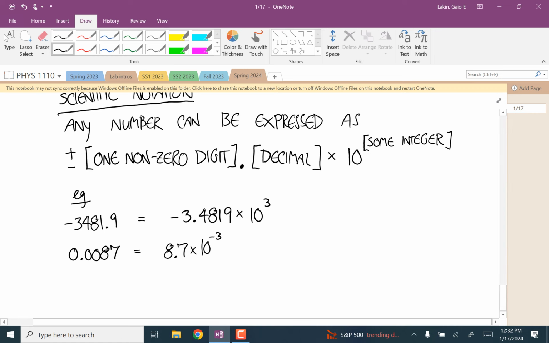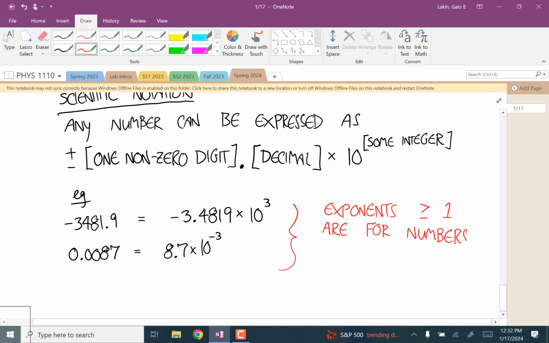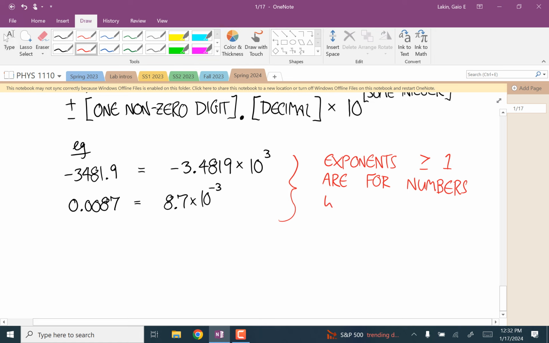So notice that with this, exponents that are greater than or equal to 1 are for numbers with absolute values greater than 1.